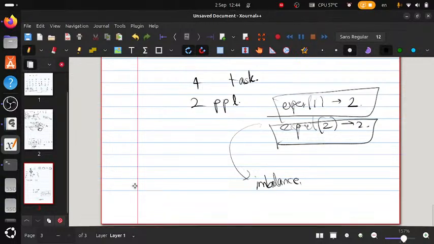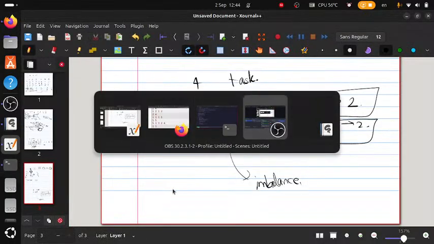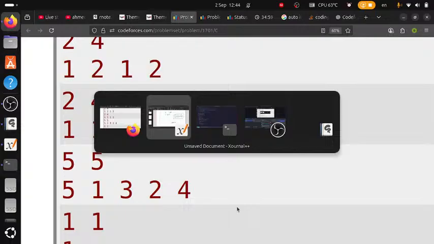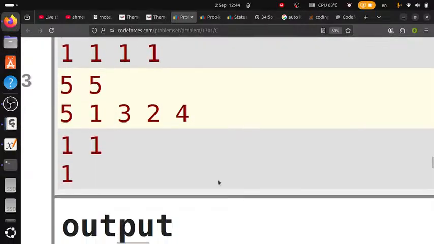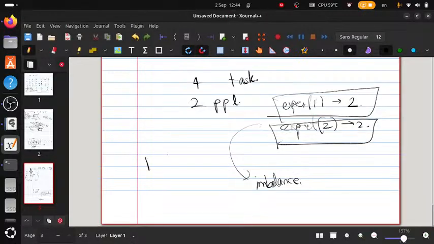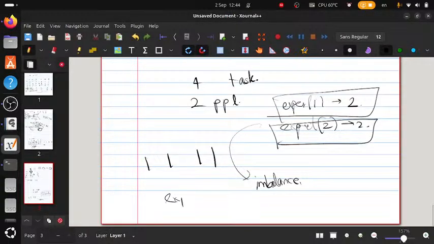Let's say that the tasks are 4, expert of 1 is equal to 4, expert of 2, so imbalance here.